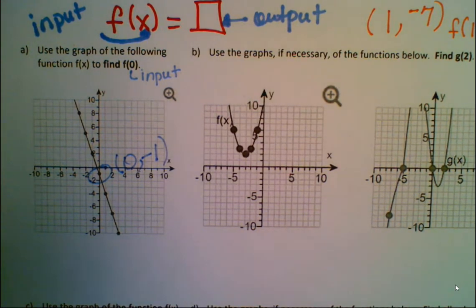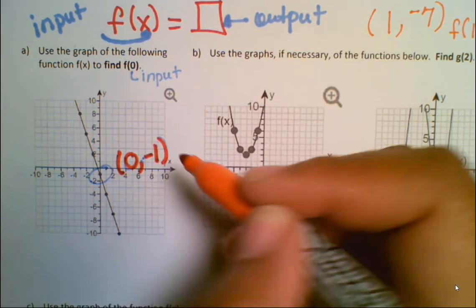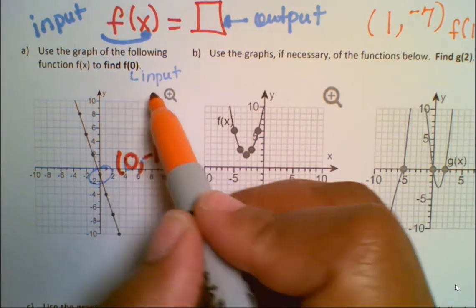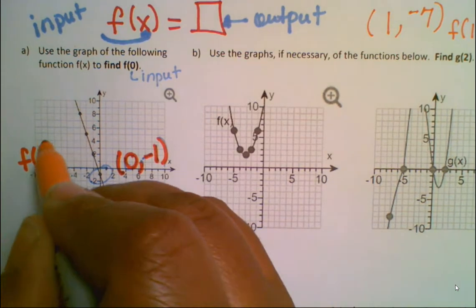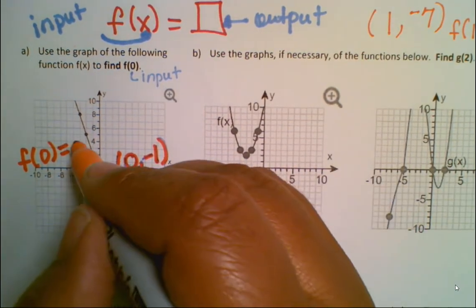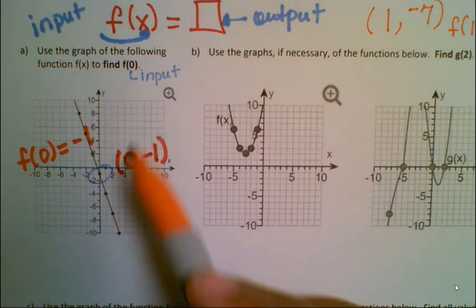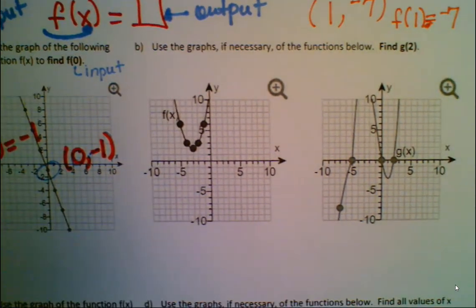Well, our input is f of 0, so we're saying at f of 0, its output value is -1. So for this example, the input value was given. Let's look at example B.